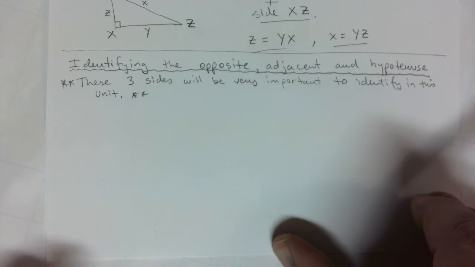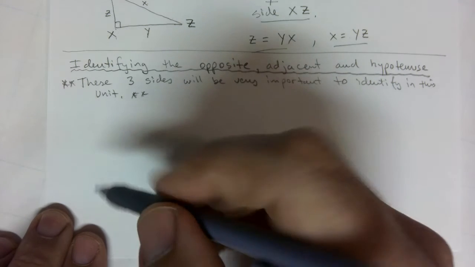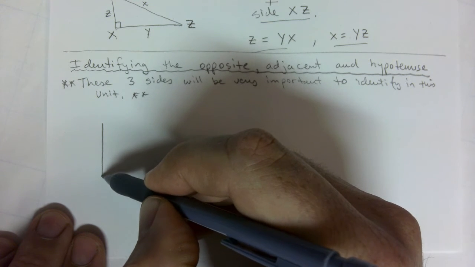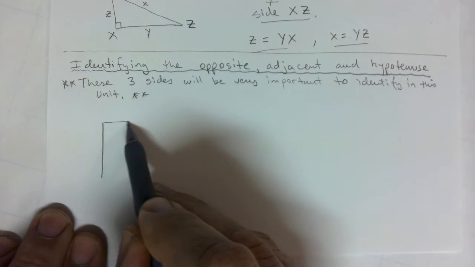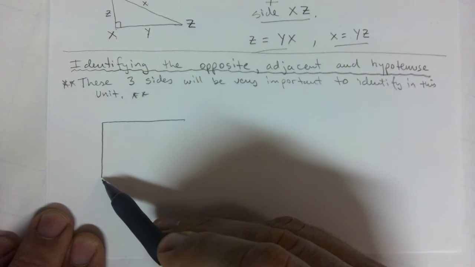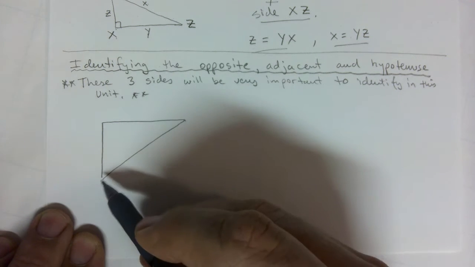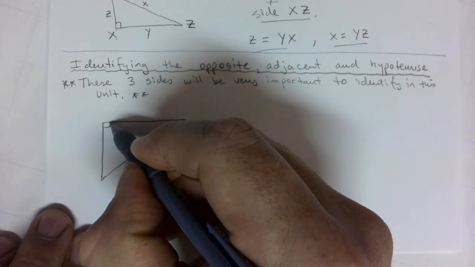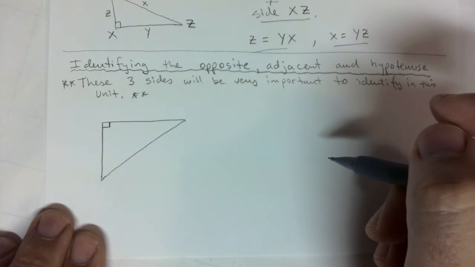So let's consider triangle, right? I'm going to draw my triangle like this. Purposely making it upside down so you're not always used to it looking a certain way.